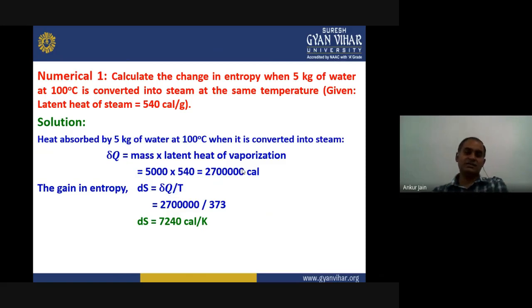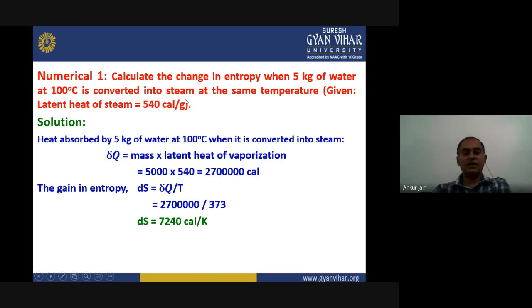Now, what can we write? The heat that is absorbed by 5 kg of water at 100 degrees C, when it is converted into steam, will be given by delta Q equals mass into latent heat of vaporization. The latent heat we already know is 540. Then the mass is given as 5 kg.